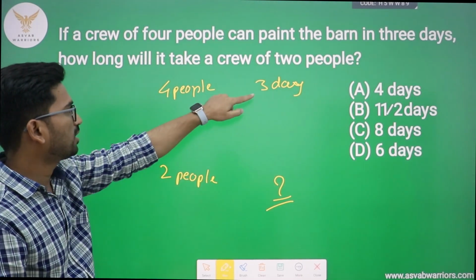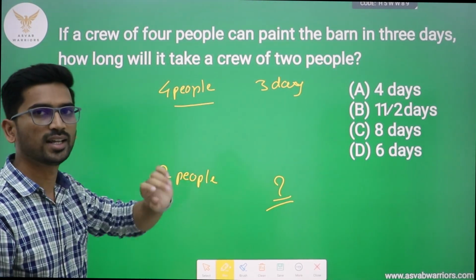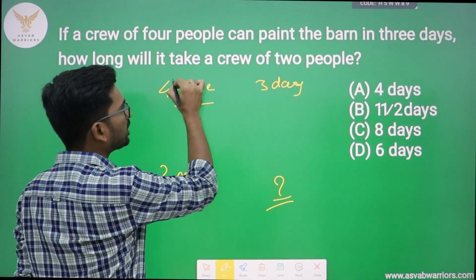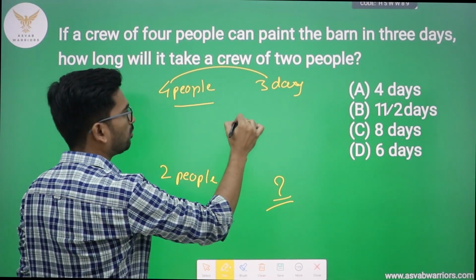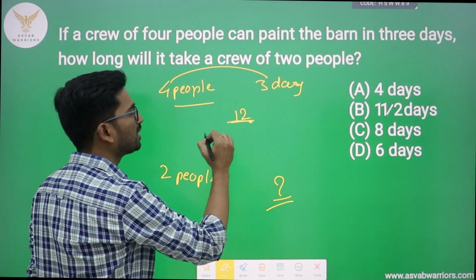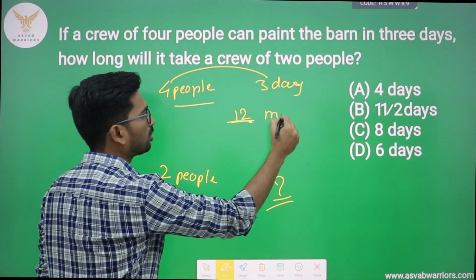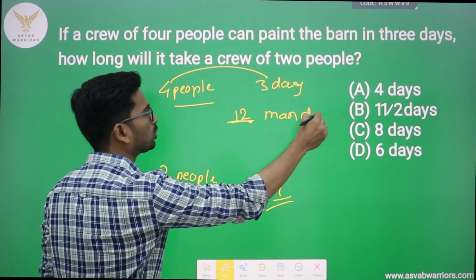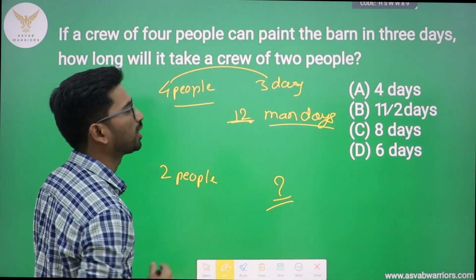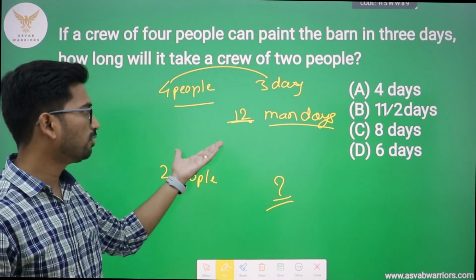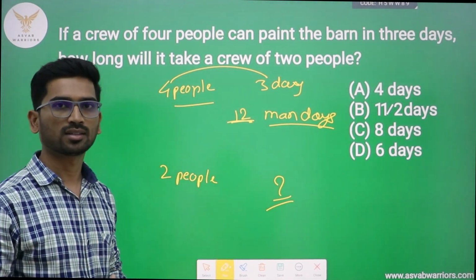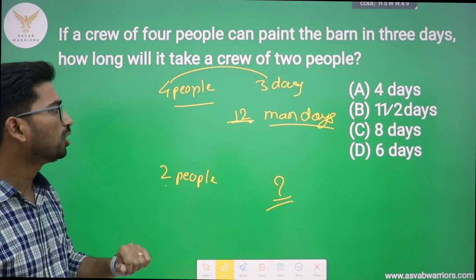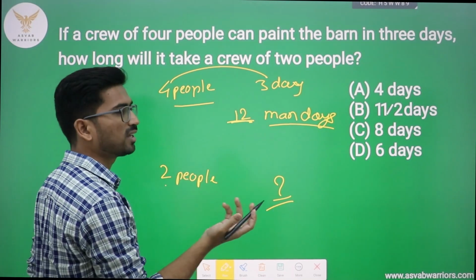Now in the first case, 4 people are taking 3 days. It means that when we multiply this 4 into 3, we get 12. What is this? These are the man days. So to paint that barn or to complete the task, they will require 12 man days. Now if we have only 2 people, then how many days are they gonna take?